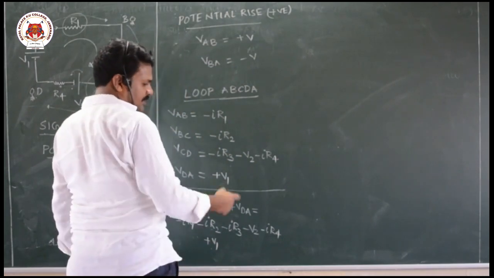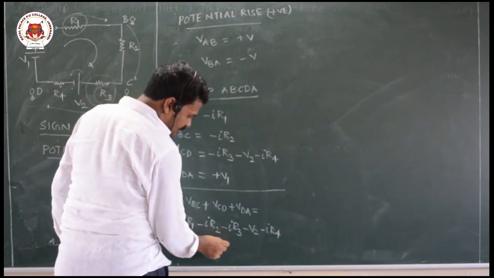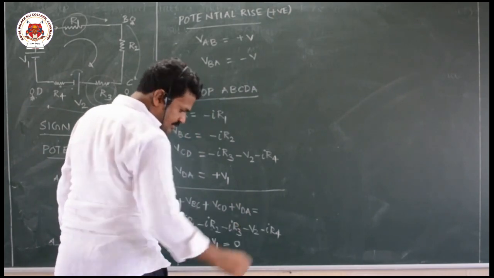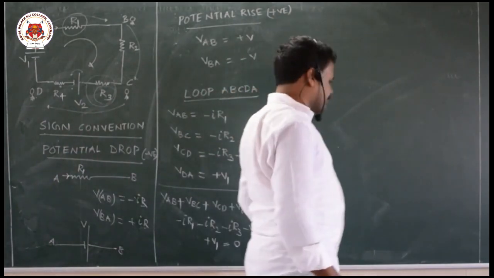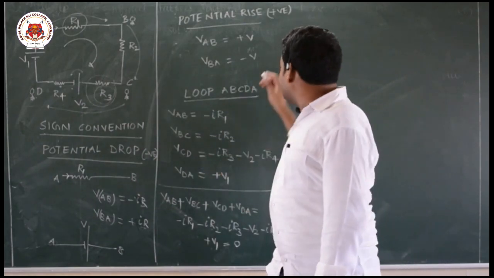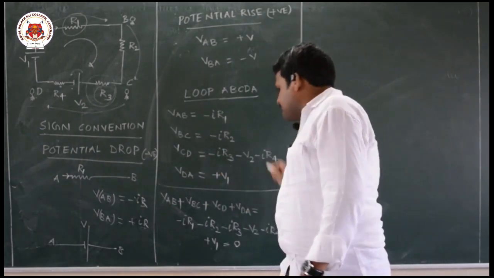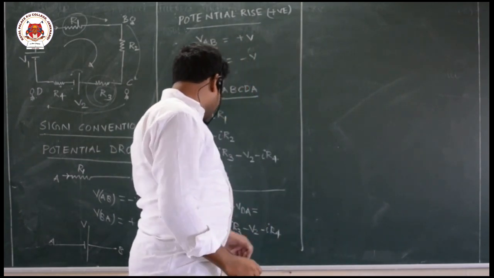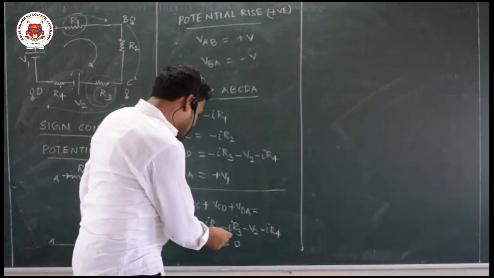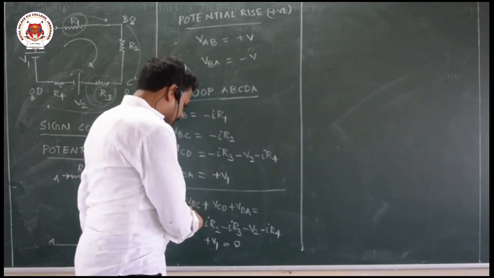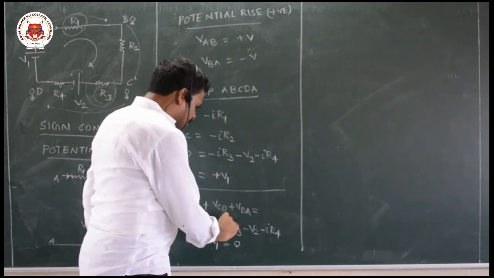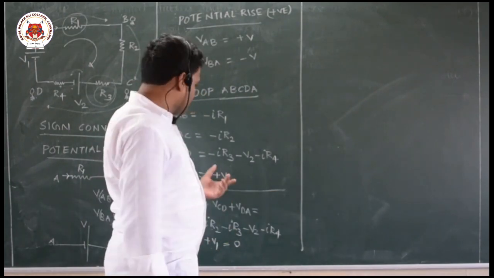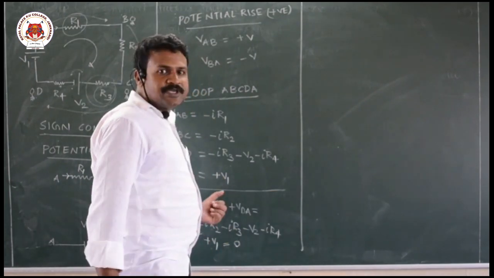According to Kirchhoff's second law, this is equal to 0, because you have completed one loop. So you have to equate this to 0. From this we can find either current or potential difference across the cell, or all the resistances, or effective resistance, by using Kirchhoff's second law.